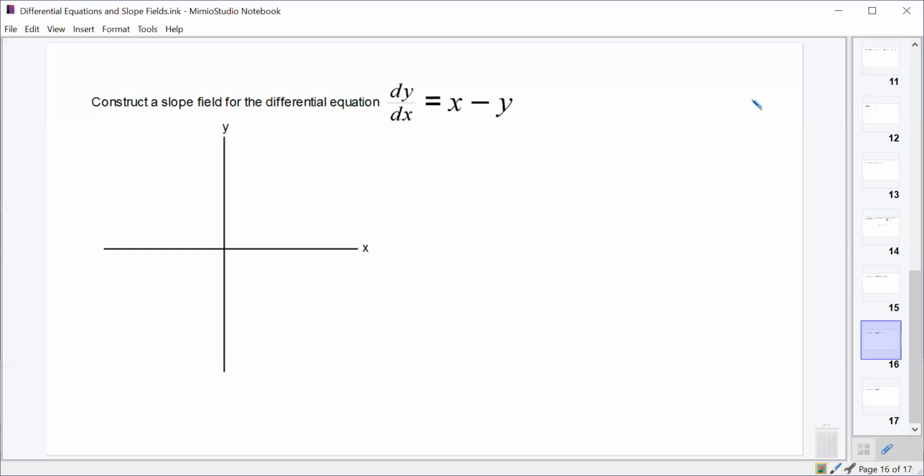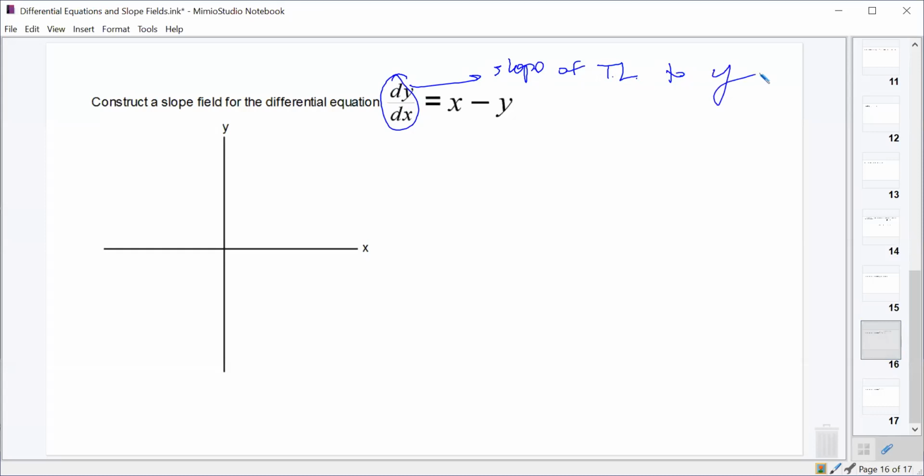So before we get started making our slope field for this, we'll talk real briefly once again, just to make sure we know what slope fields are doing. When we make a slope field, we are taking the derivative, remembering that the derivative is the slope of the tangent line to y.